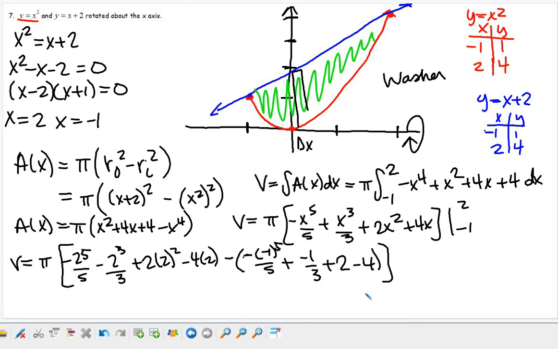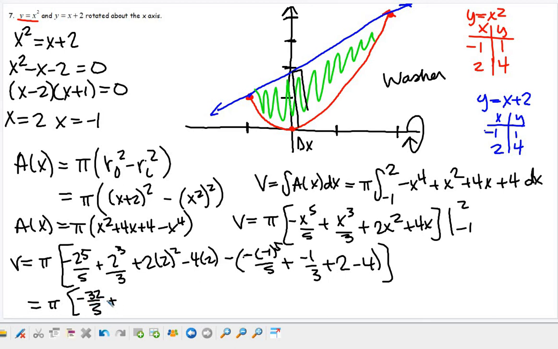Okay. A lot of cleanup that I'm not sure I have the space for. So I have pi, -32 over 5. Did I just change that sign? I did.